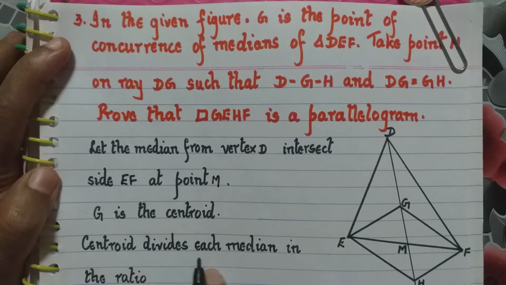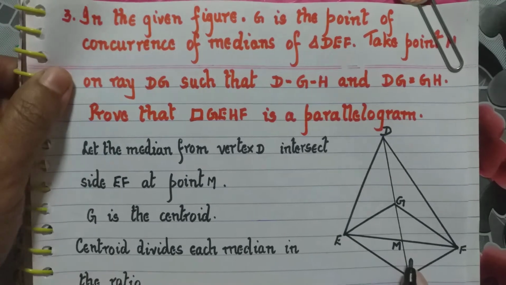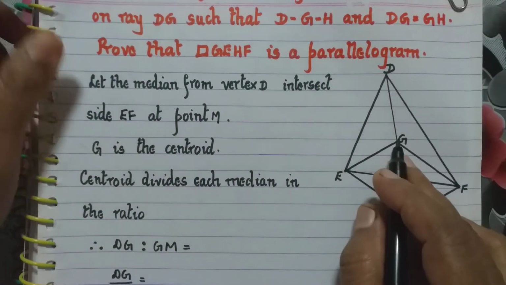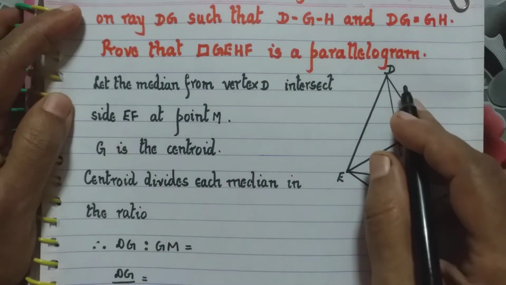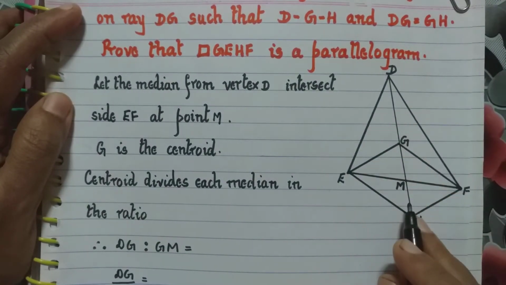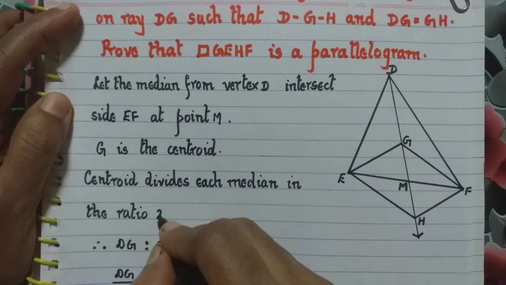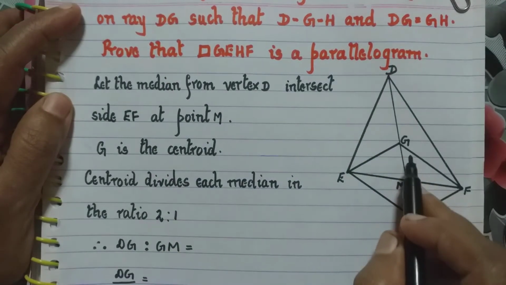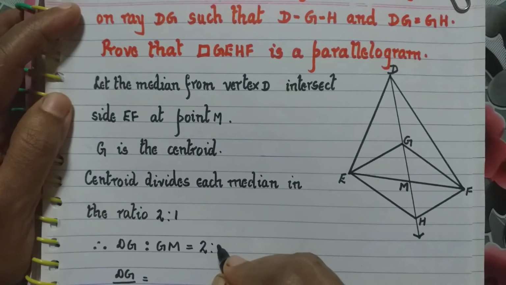Further, the centroid divides each median in the ratio. Now this centroid type of sum we have already done earlier, where we had said that the centroid of a triangle divides each median in the ratio 2:1. That is, DG is to GM is equal to 2:1. So we write it divides each median in the ratio 2:1. Therefore DG is to GM is equal to 2:1.